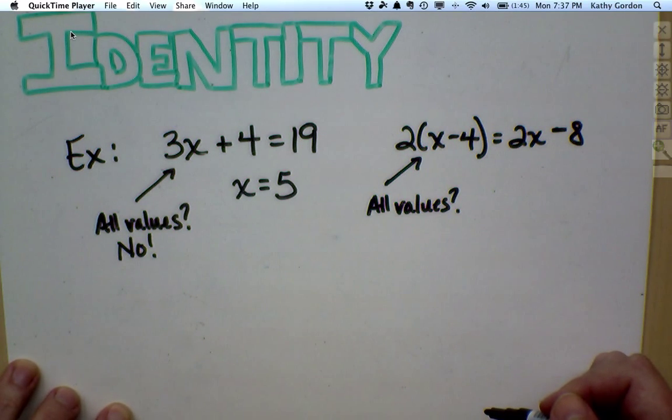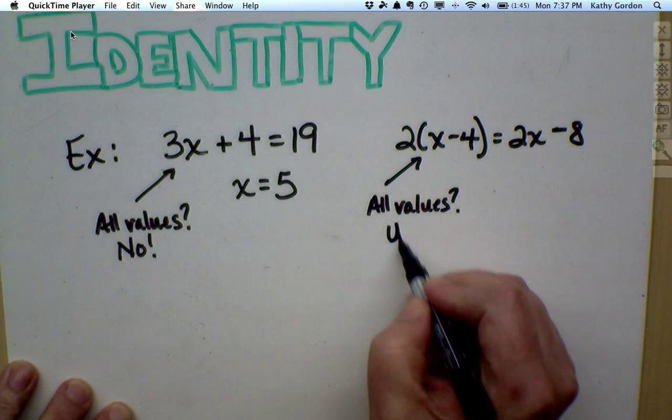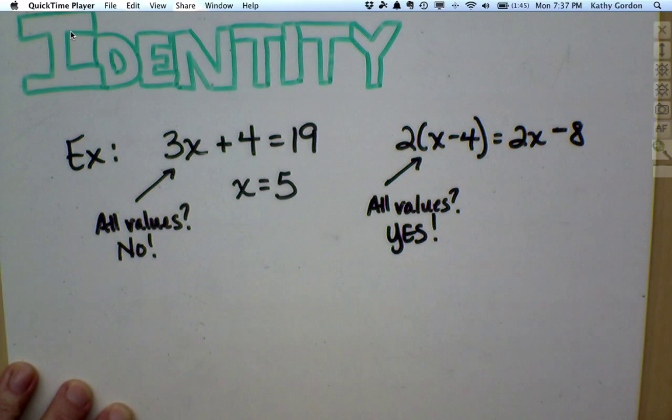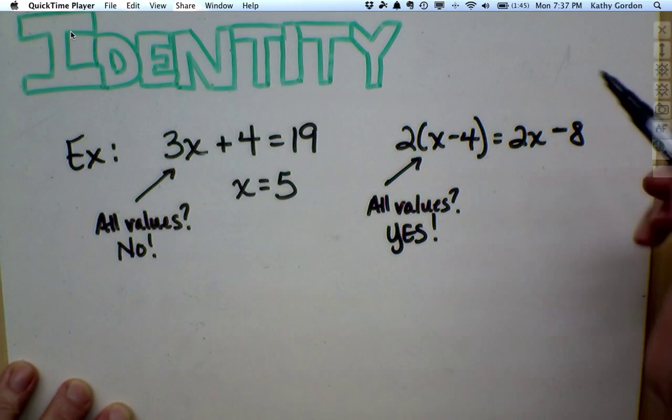How many values of x can you find that make the statement true? Maybe the better question is, can you find any values of x that make this statement false? And the answer is no. Everything works in this statement.